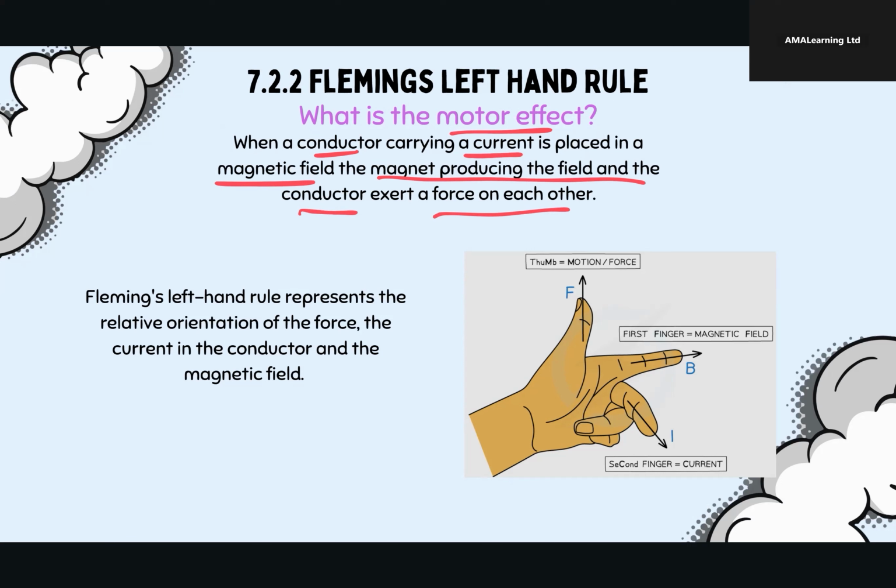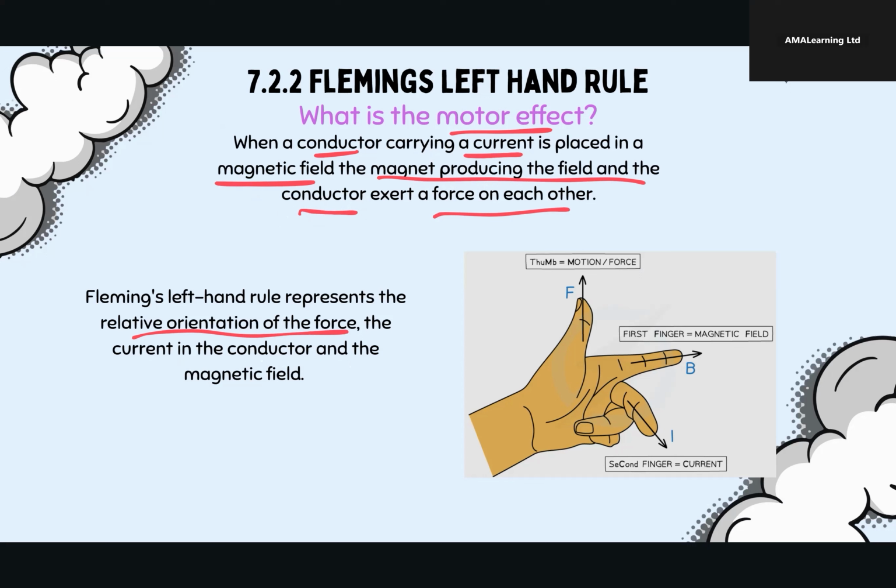So when a conductor carrying a current is placed in a magnetic field, the magnet producing the field and the conductor, the one that has a current flowing through it, exert a force on each other, and that causes the conductor to move. Fleming's left-hand rule represents the relative orientation of the force, the current, and the magnetic field.